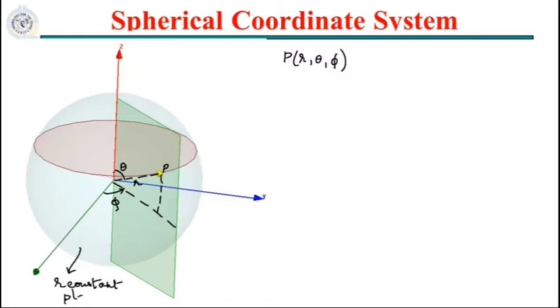Okay, so that's the first one. Then you have your phi constant plane, and finally our theta constant plane.